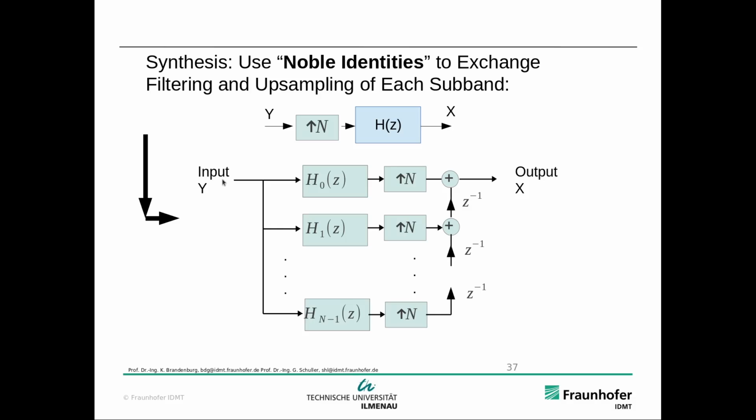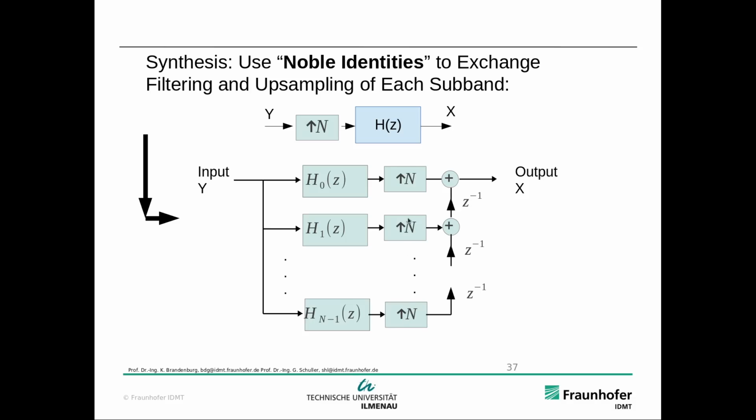Except now the input at the lower sampling rate from one subband. So here one subband signal at the lower sampling rate coming in, and is fed at the same time to all the polyphase component filters that we have.